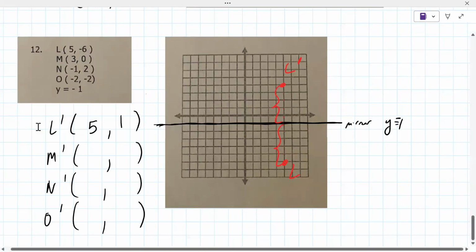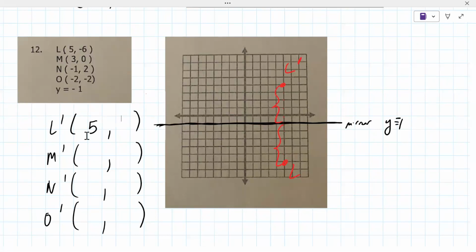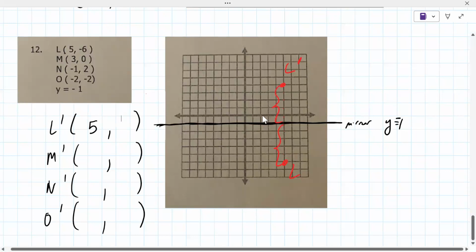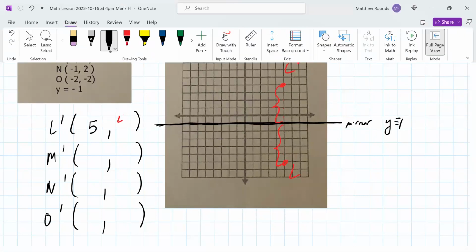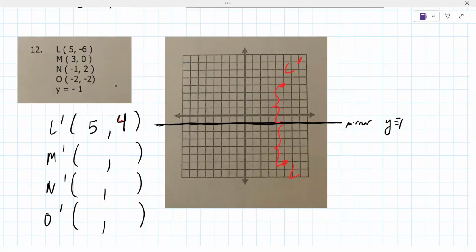L prime is 5, 6. No, you're counting up from the x-axis. Oh, right. So 1, 2, 3, 4, 5. 5, 4. Right. Okay, so M may be easier. What did you get for M prime? Or if you need some more time, that's fine too.